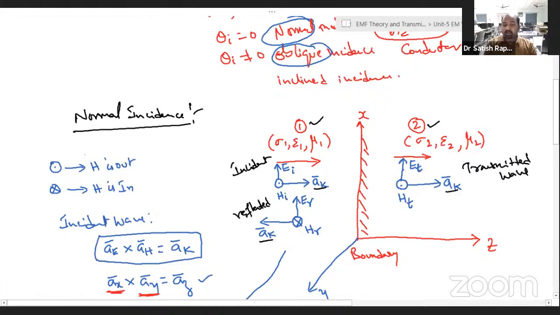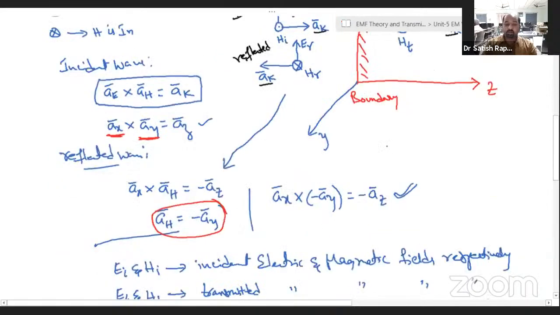In all three cases, incident, reflected and transmitted, the direction of the electric field remains the same: Ei Ax bar, Et Ax bar, Er Ax bar. But the direction of the magnetic field is changing. For the reflected wave, the direction of the magnetic field is the negative Y direction.